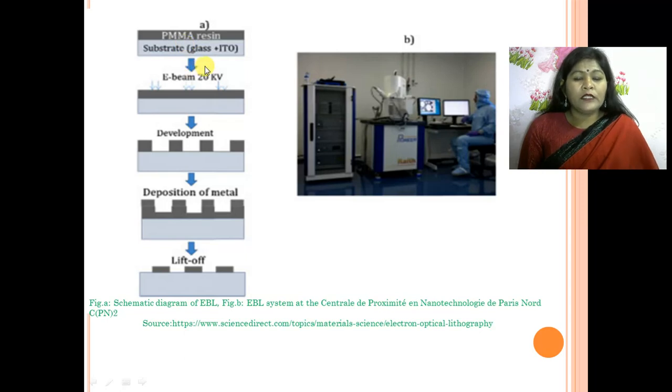Now, under the influence of the electron beam, the resin is divided into small units. Now, the polymer chain is dissolved by using an appropriate solution. Here, the non-exposed area remains insoluble. So now the mask is formed on the substrate.